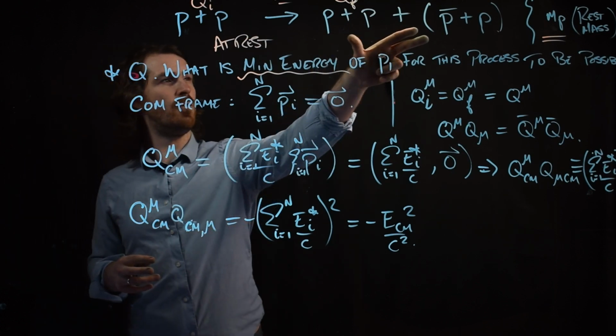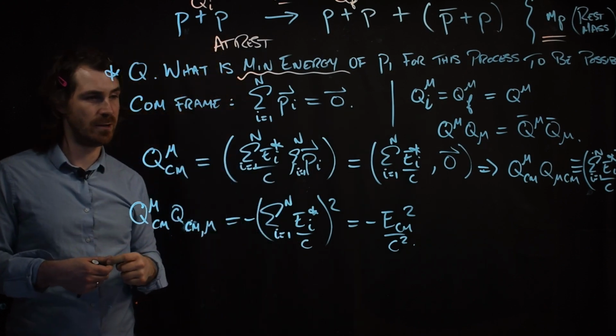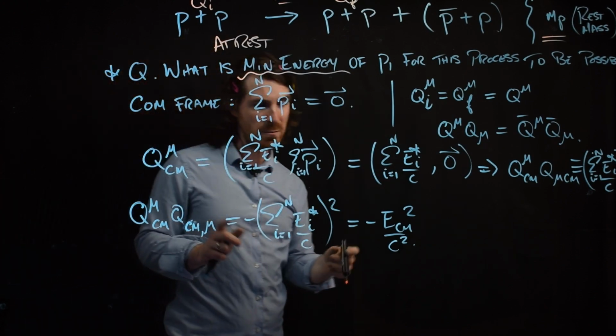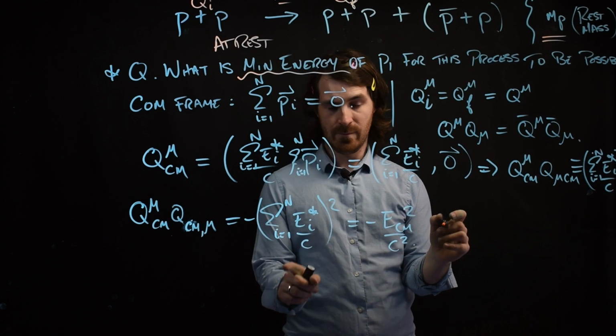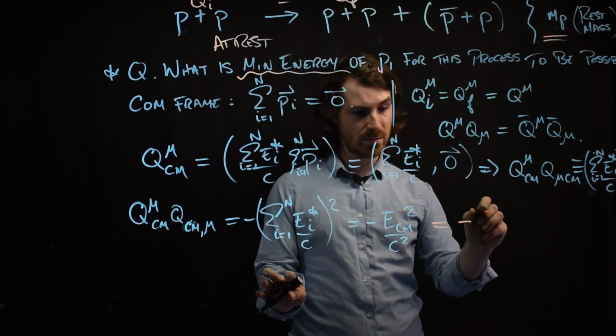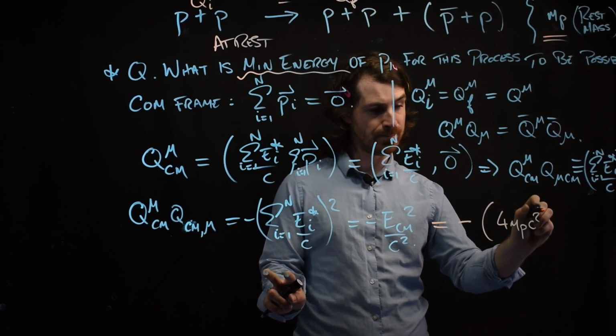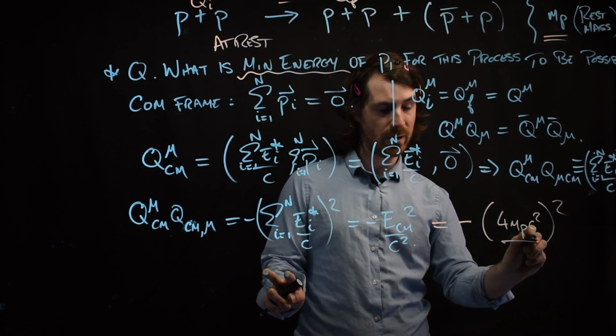So 4 masses will be created, but they'll have 0 kinetic energy. So the minimum energy is equal to minus 4 m_p c squared divided by c squared.